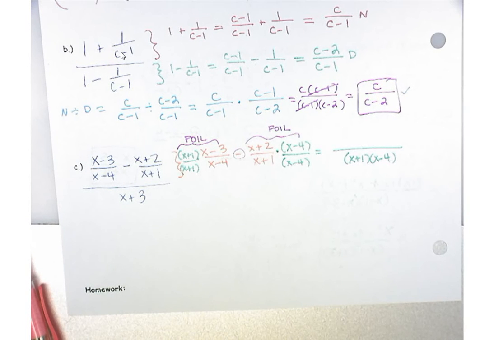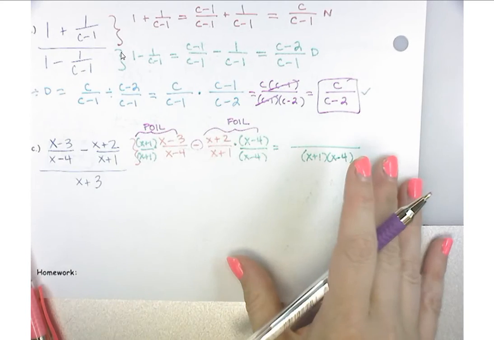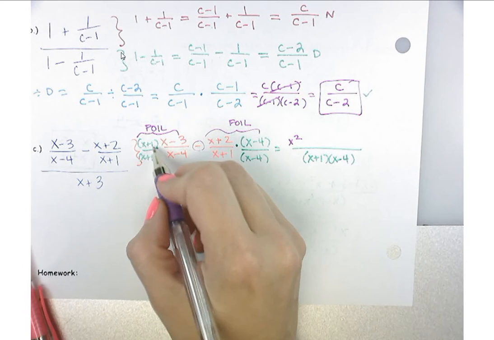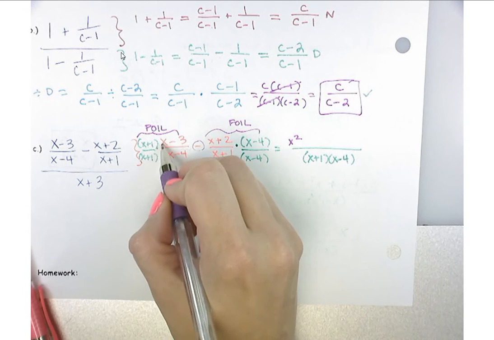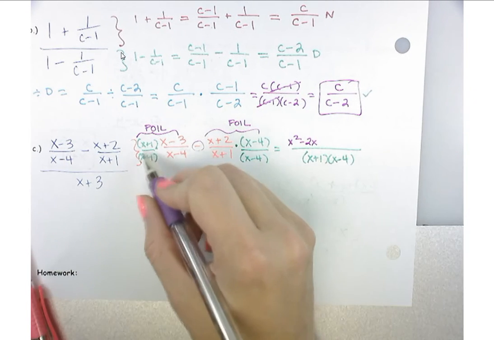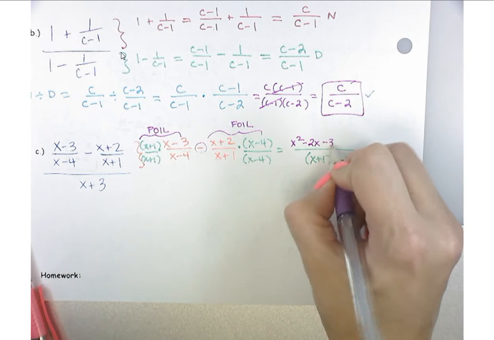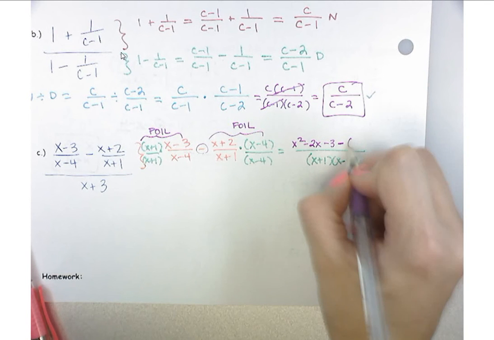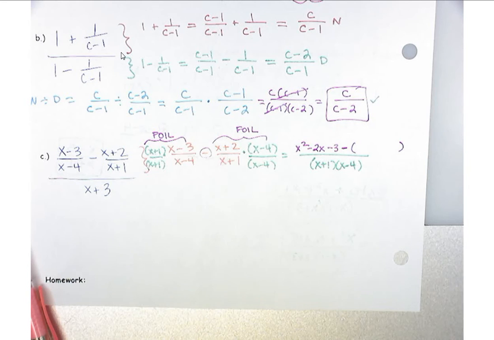Okay, so when you're FOILing, you're going to do the x times x, which will be x squared. The middle I would just do in your head. So 1x minus 3x is going to be negative 2x. 1 times negative 3 is negative 3. And then minus, and then everything else I would just put in parentheses as a reminder that we have to do what? Yep, we have to distribute.